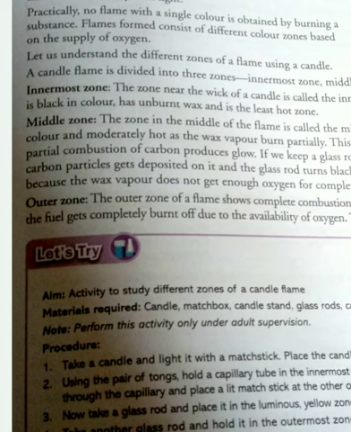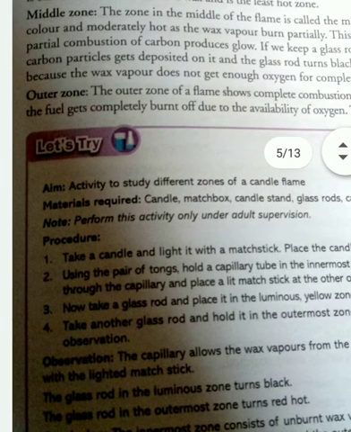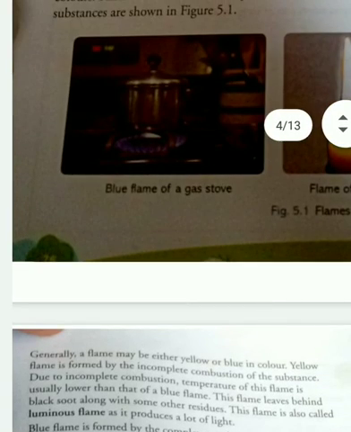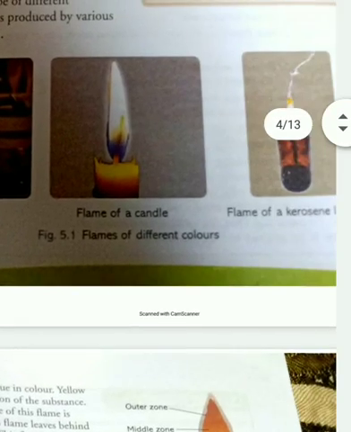I think this is clear to you, what type of flame will be produced in case of sufficient and insufficient oxygen. In our next video we are going to study the different zones of flame using a candle. Till then you will revise all the things: what is flame, and how many different colors of flames we have.